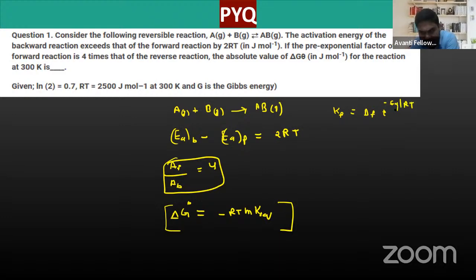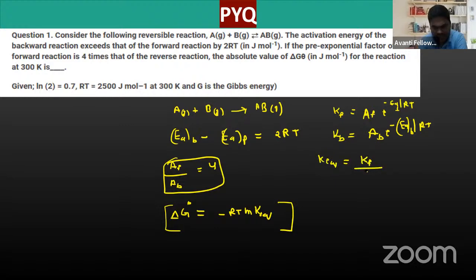This is for the forward reaction. Similarly for the backward reaction, it is equal to AB e to the power minus EA, that is B, upon RT. So this is the exponential factor, that is, this is AF and this is AB. We know their ratio is 4. So what is K equilibrium?